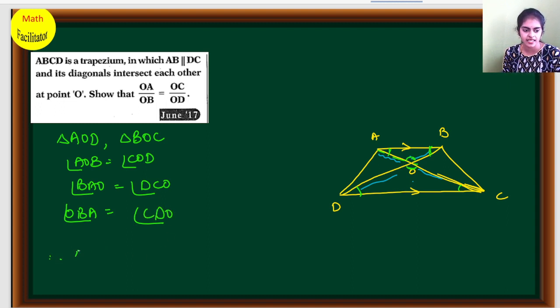So therefore I can say triangle AOD is similar to triangle BOC. Those two triangles are similar.